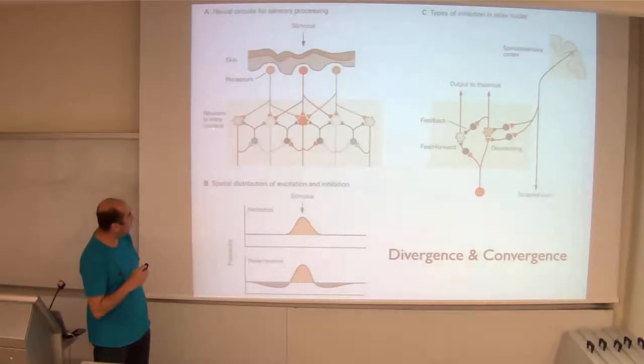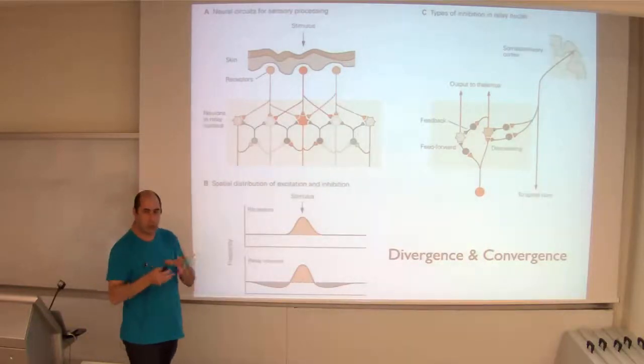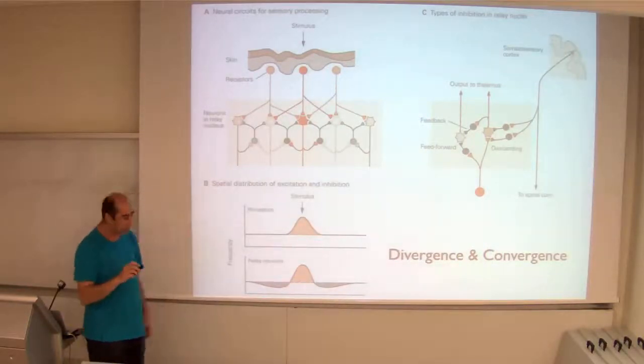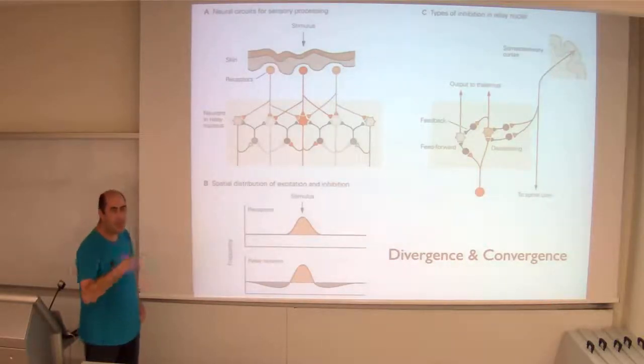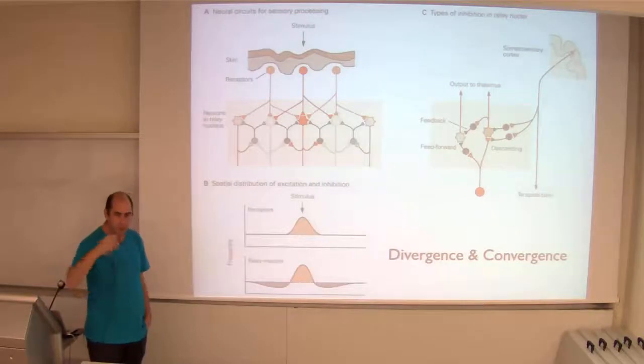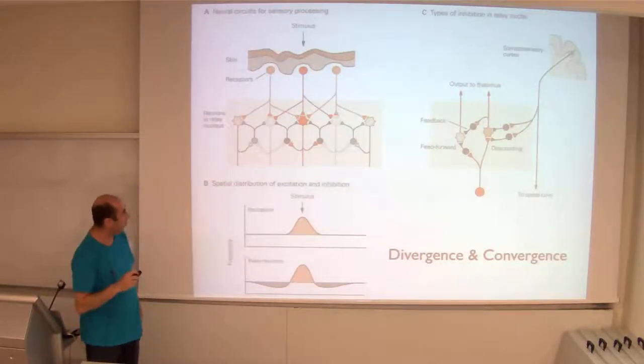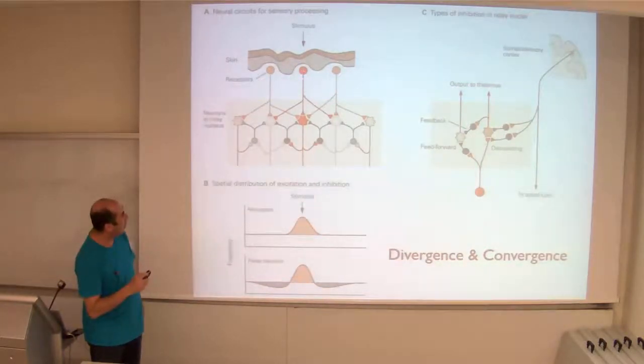So, for example, what we look at here is a caricature of a location which happens somewhere in the spinal cord, or maybe later, and then again and again during all the nervous system. The idea is that you have neurons sitting in this area and receiving information from the skin, and the information comes on a single axon, but then it splits and makes synapses on many neurons.